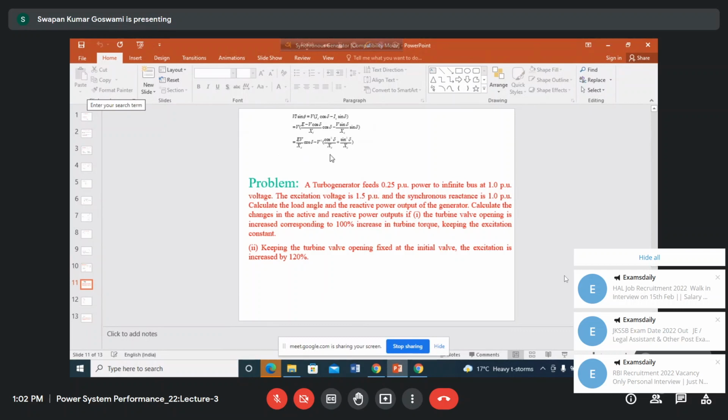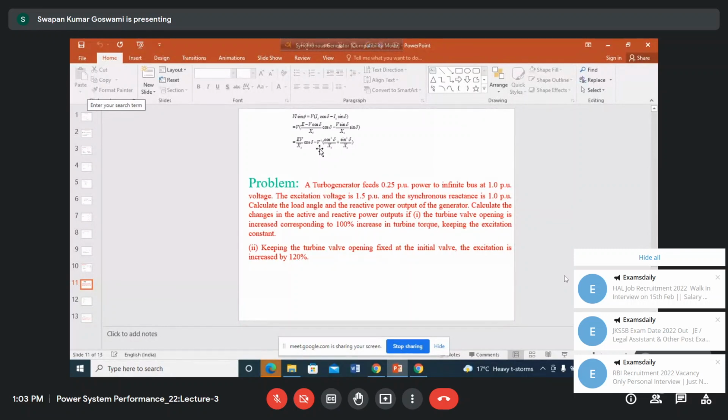Had xd and xq been the same, it would have been V square by xs only, because cosine square delta plus sine square delta would have been equal to 1. Okay, so the expression would have been EF Vt by xs, EF cosine delta minus Vt. So again, this component is coming because of the difference in reluctance at the two axes of the generator.